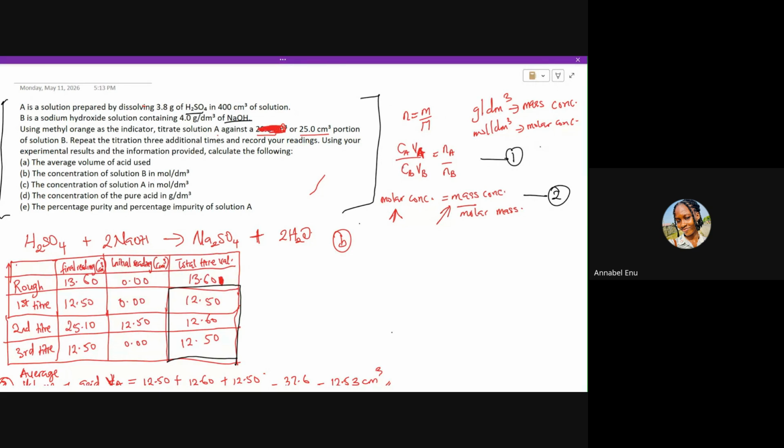If your question gives you the value of mass concentration in gram per dm cube, you use the second formula, because you will just fix it into the equation. You already know the mass concentration, and you can calculate molar mass on your own. But for the first formula, you would need the mole concentration of at least one of them in mole per dm cube before you're able to use it. But we are not given any mole per dm cube concentration in the question. That's why we can't use formula A, the formula 1. We'll have to use formula 2.